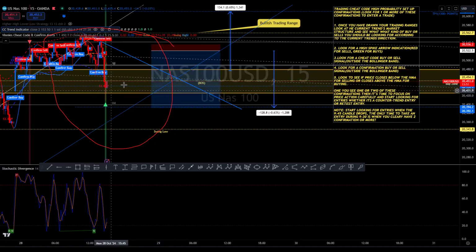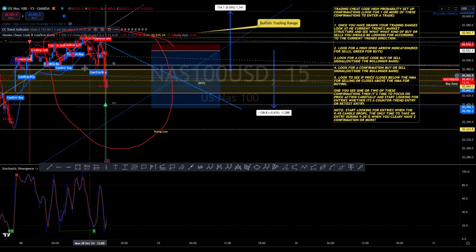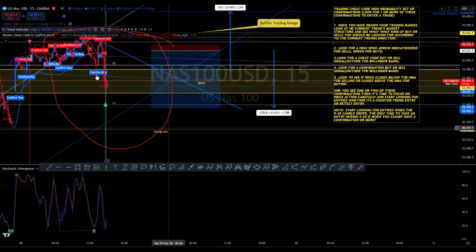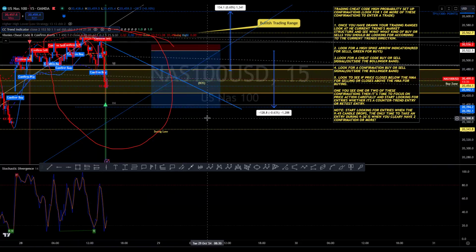So we didn't get a sell signal here. I mean, a buy signal either. I mean, we had a cheap code buy, don't get me wrong. But price is going to buy up to this structure more than likely. But that's the reason why I'm going to wait for the 10:15 candle.